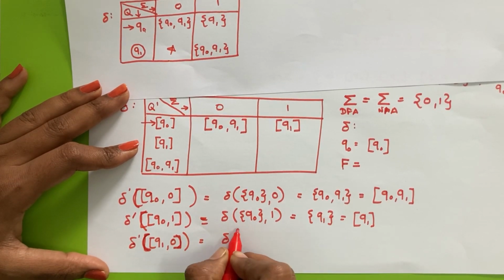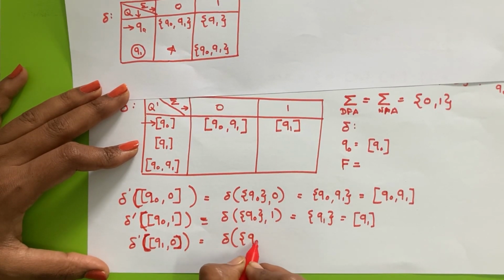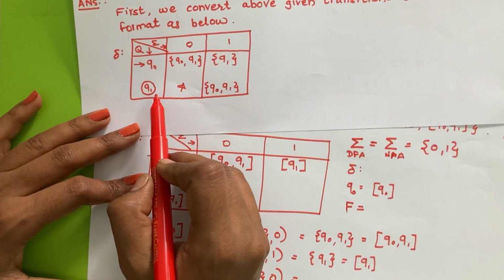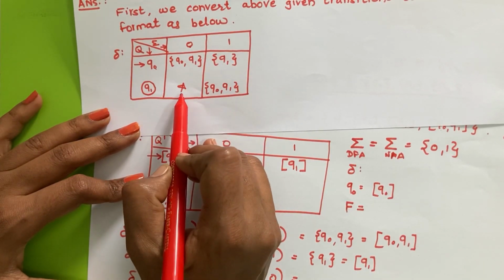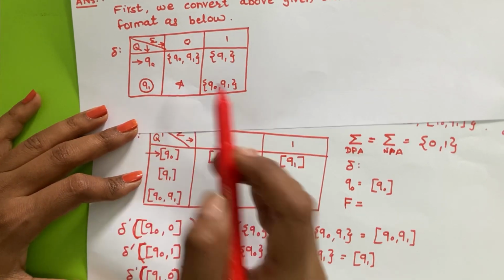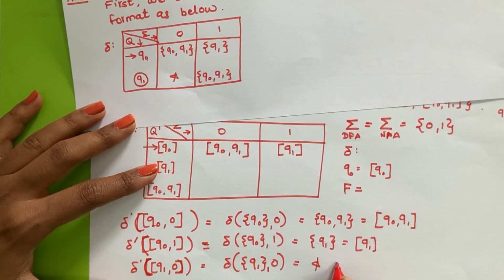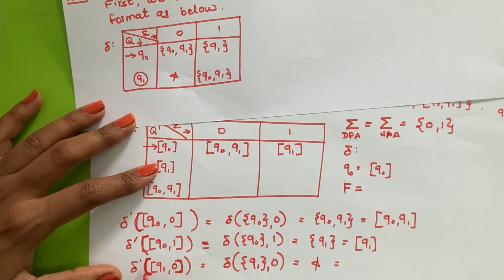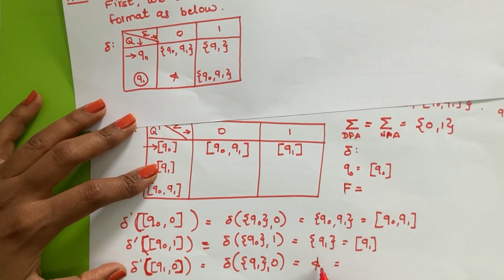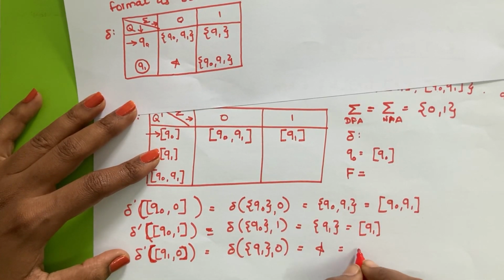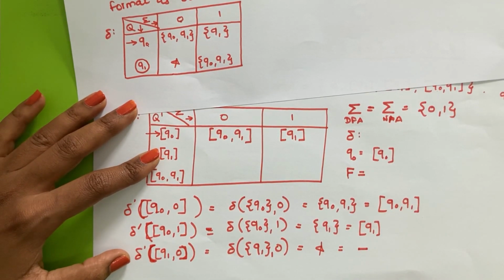So for Q1, 0, that is ∅. So here again I have ∅. In case of DFA, we don't write sets, because ∅ is also an empty set. So instead of that, we will write it as a dash.